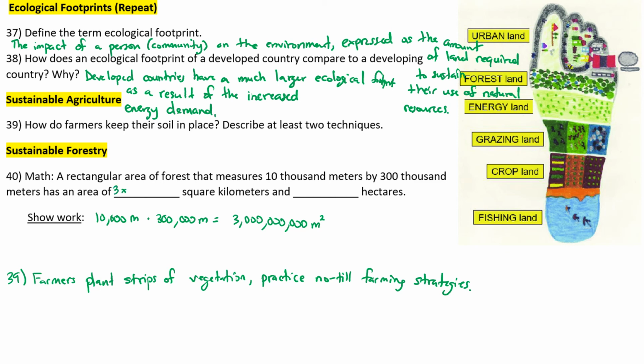So I'm going to convert that to scientific notation, y'all, moving the decimal place 9 places. So 3 times 10 to the 9.